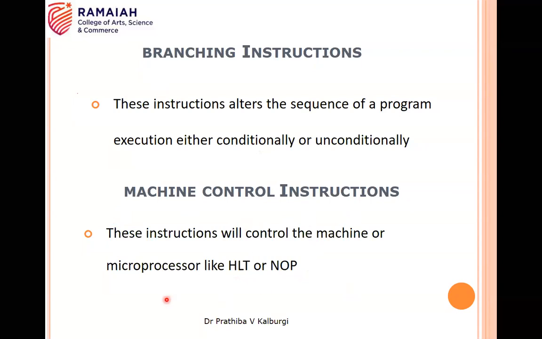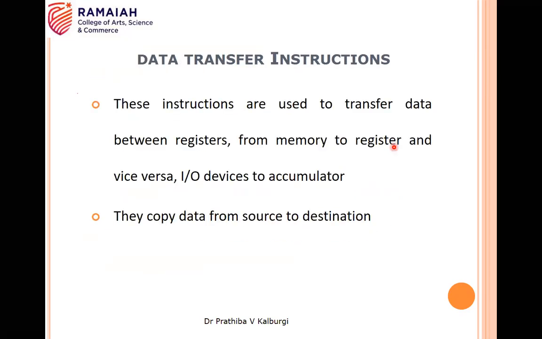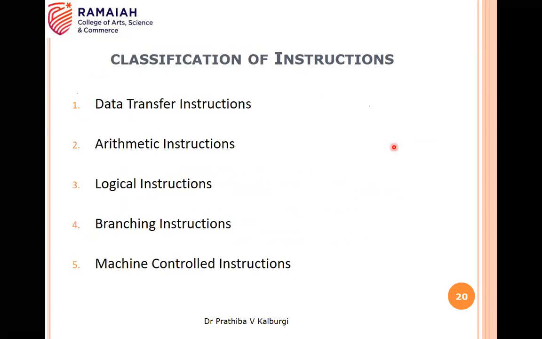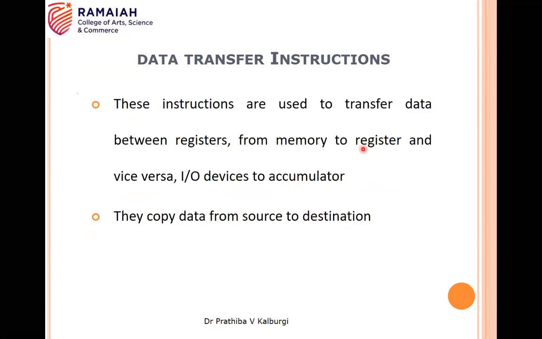So all these instructions are grouped under 5 categories. Are you able to follow? The 5 categories are data transfer, arithmetic instructions, logical instructions, branching instructions, and machine control instructions.